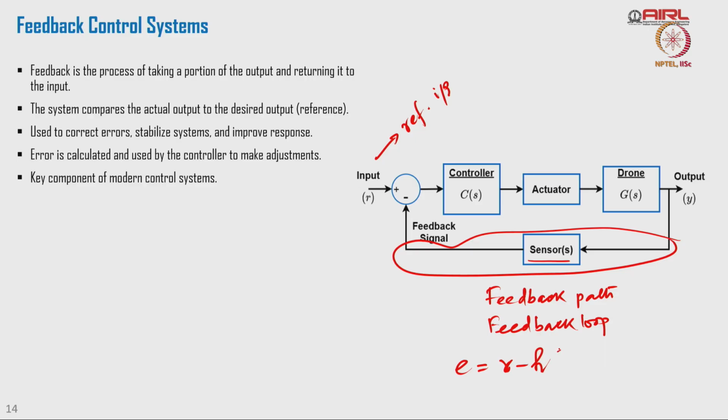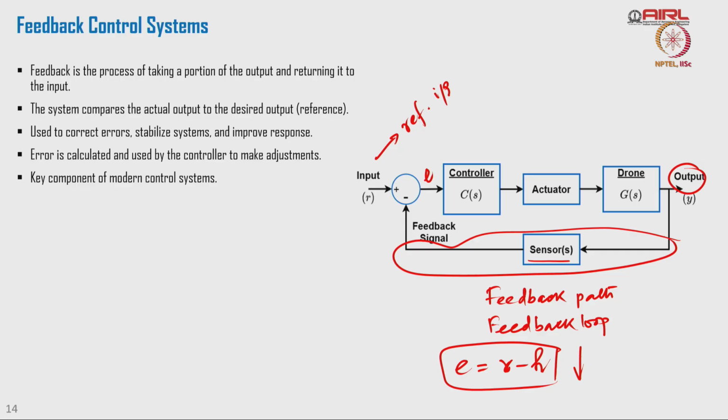The idea is that this error should be minimized. The controller will work on the error and minimize it, so that a more precise command goes to the actuator and the drone finally gives an output much closer to the desired output. In this way the correction mechanism goes on.